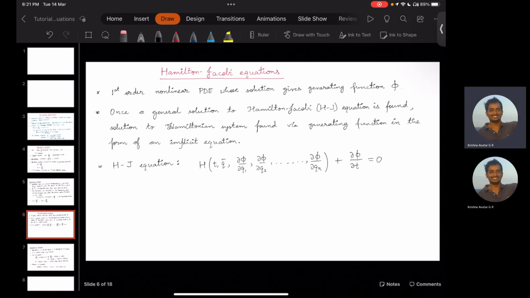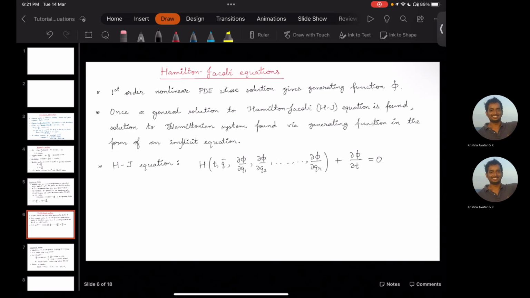Now let me talk about our Hamilton-Jacobi equations. Hamilton-Jacobi equations are first order non-linear PDEs whose solution gives the generating function phi.